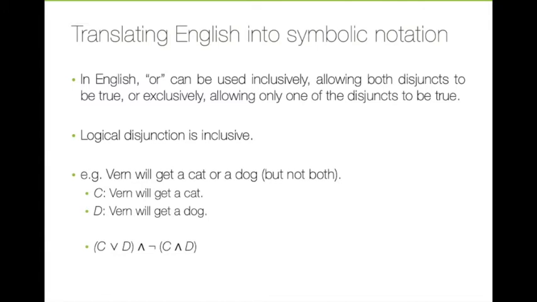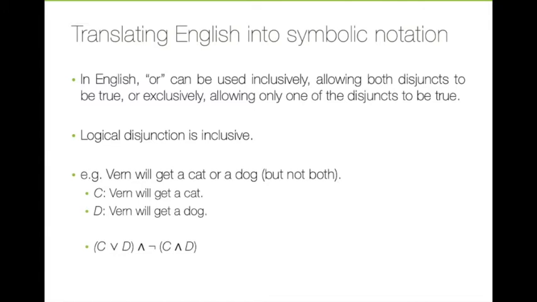So there are two atomic statements involved with this. C, Vern will get a cat. D, Vern will get a dog. If we just use C V D, that captures that he will get one or the other, but allows that he might get both pets.